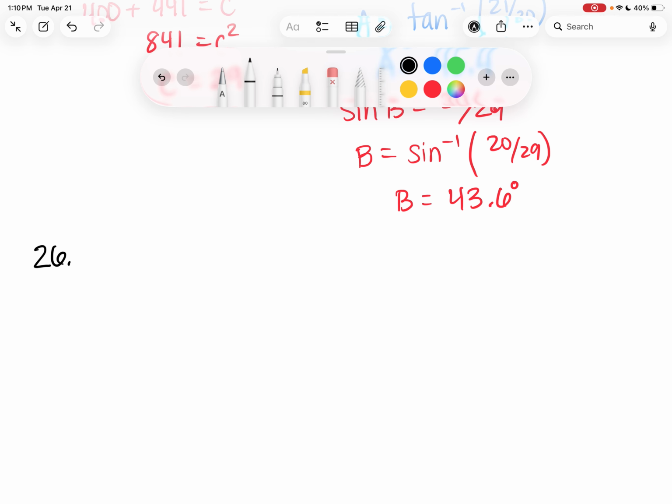26. What's different about this one? It's not ABC.